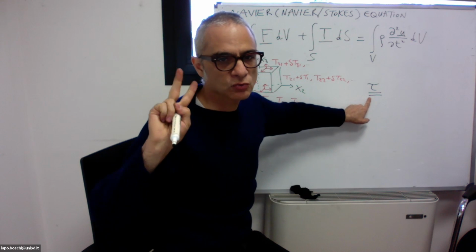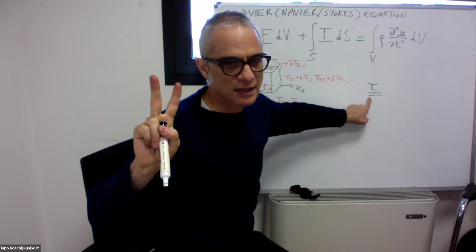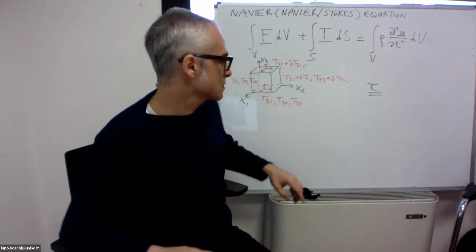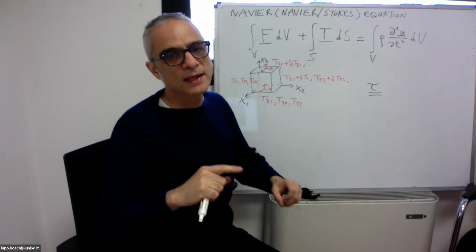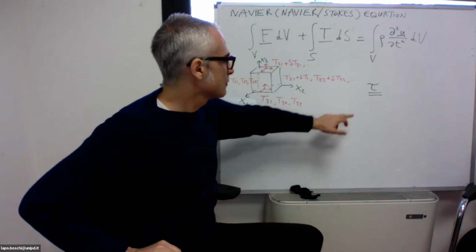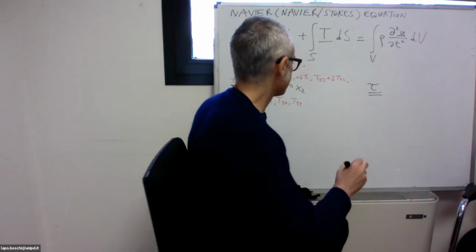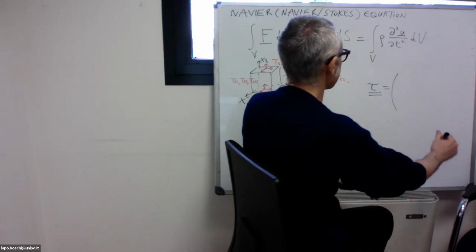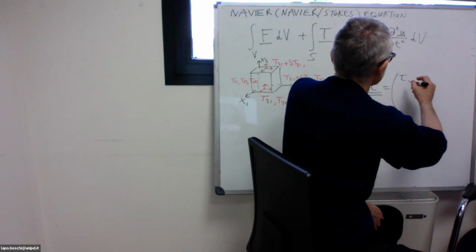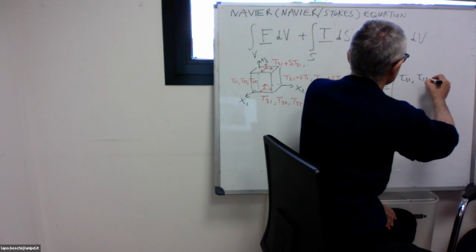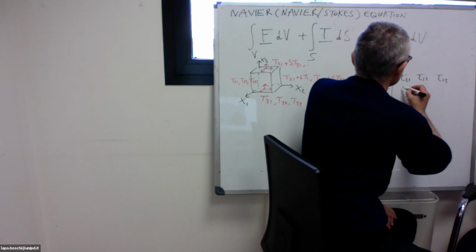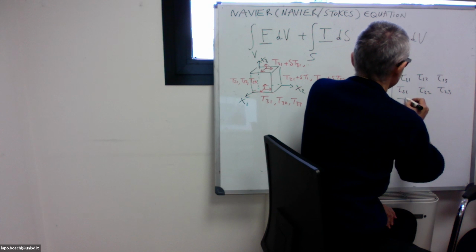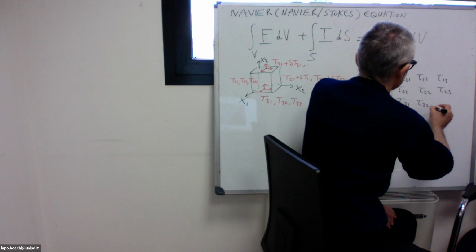I'm going to underline it twice to remind myself that this is a second order tensor. It's a matrix, it's got 2 dimensions, okay? If I underline once, it's only got 1 dimension, it's a vector. If I underline twice, it's a tensor. And it's going to have components, tau 1 1, tau 1 2, tau 1 3, tau 2 1, tau 2 2, tau 2 3, tau 3 1, etc.